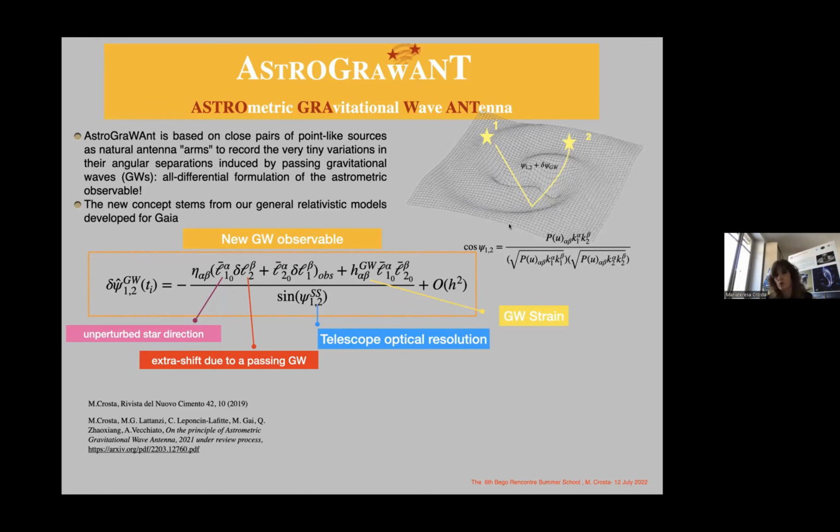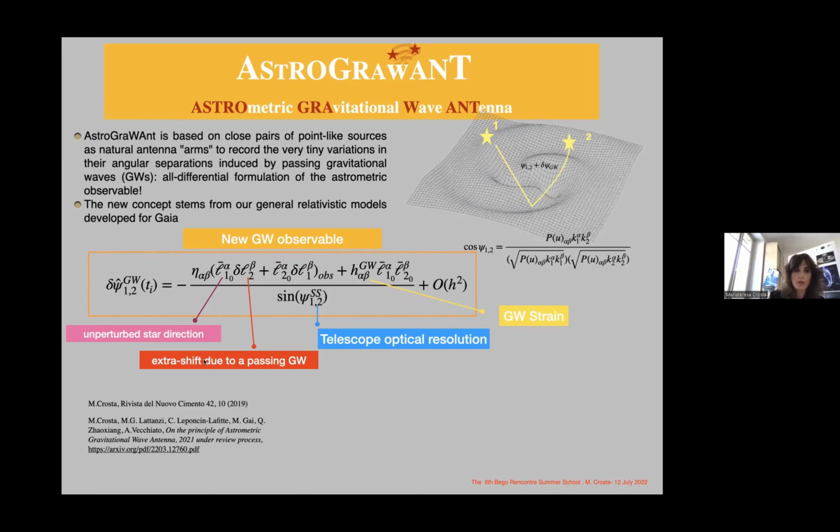But if we consider two lines of sight and use the same relativistic model that we used for Gaia, we are able to obtain a new gravitational wave observable, which depends on the unperturbed star direction, I mean the Minkowskian flat direction.